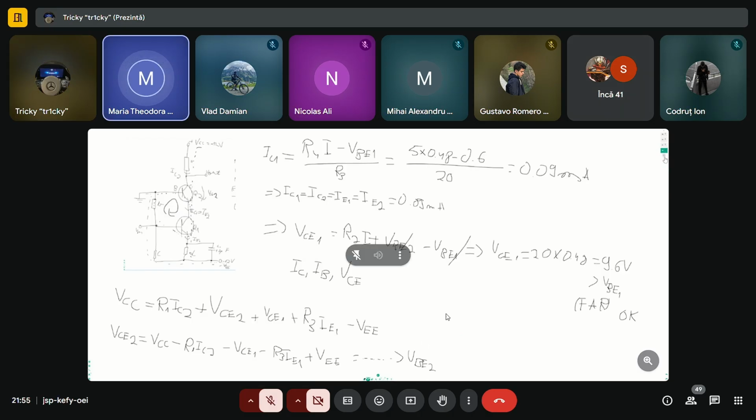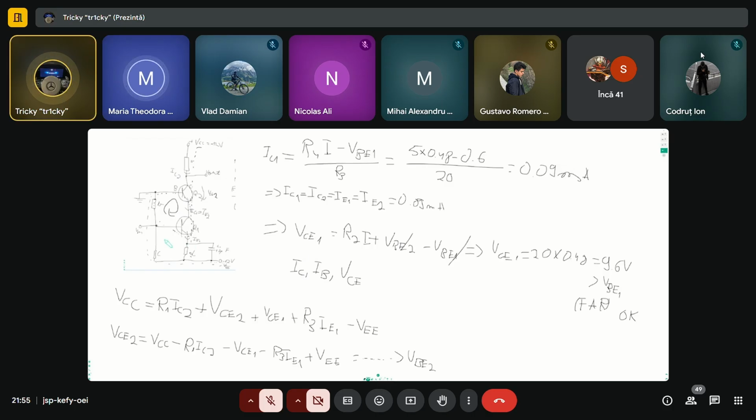Okay. Can you please explain again how you thought of the loop for VCE1? What is the path for VCE1? Oh no, which one? VCE1. R2. So we took this, this is VCE1.